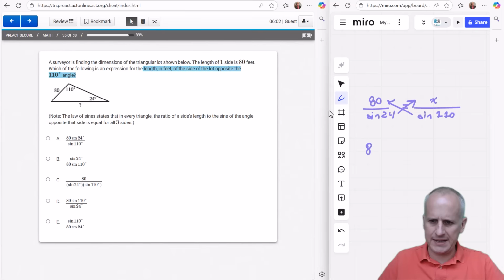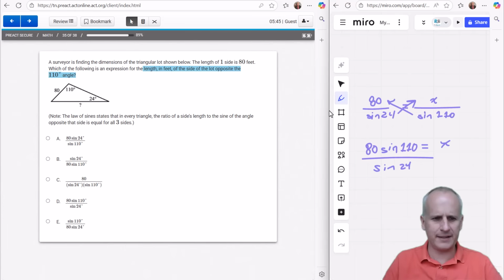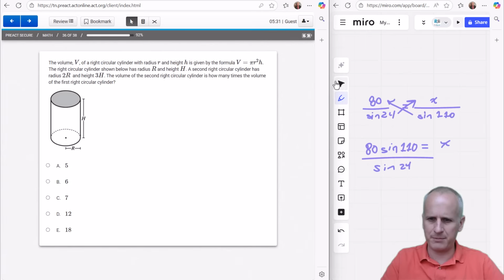Actually, we've already got it. I don't even need to do the cross multiplication, we'll just keep that sine 24 over here, so x is going to be equal to 80 sine 110 over sine 24. And so we've just got to find an expression that matches that. And of course, our correct answer is D. And really, up until question 35, we didn't even need to really use our scratch work. So we'll move on to the next problem.